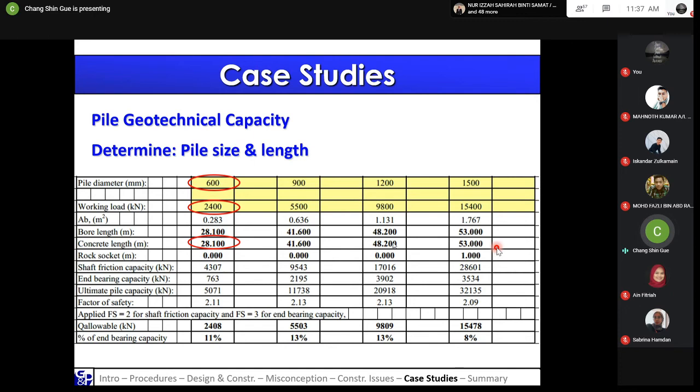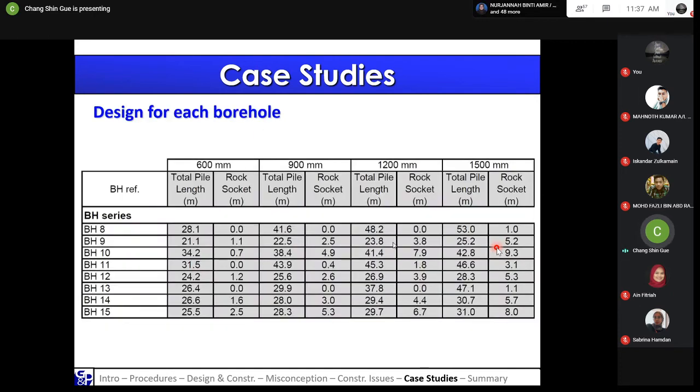Of course, I mentioned before, the site varies quite a bit. So you will then carry out the calculations, for example, for one diameter, using different soil from different boreholes. Then you calculate based on this borehole, what is the length that you need. If you require any rock socket, some may be shorter, you may need some rock socket.